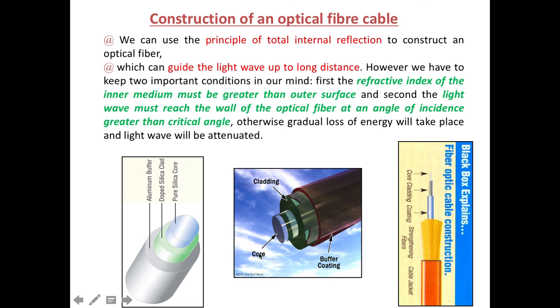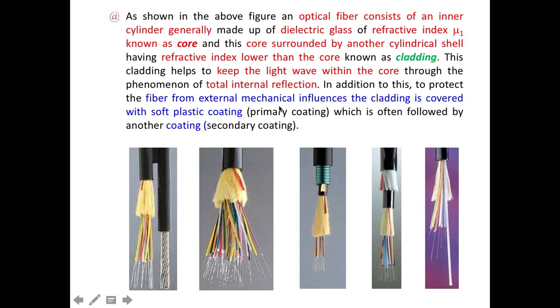Another two images are also shown here to understand the construction of the fiber optics. As shown in the above figure, the optical fiber consists of an inner cylinder generally made up of dielectric glass. So that core is made up of dielectric glass.